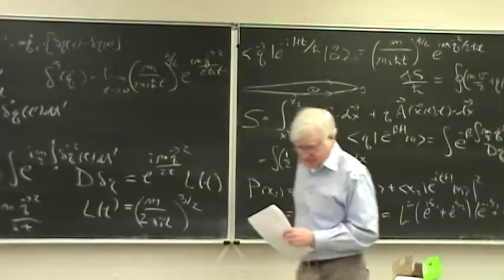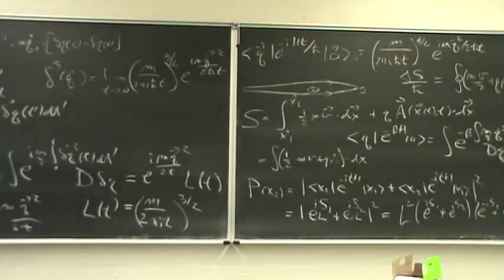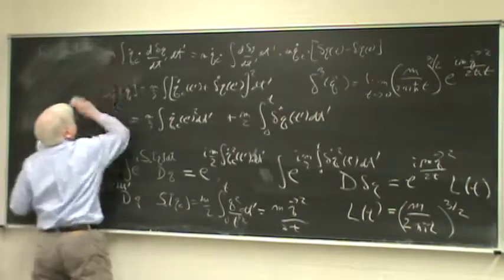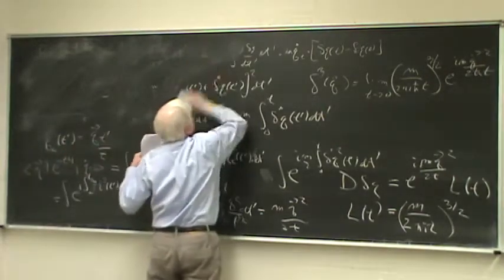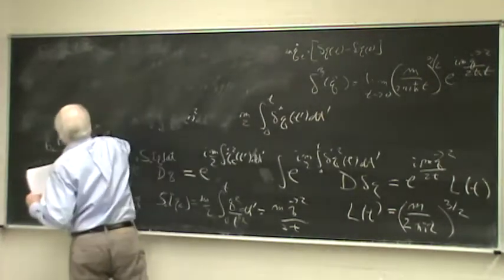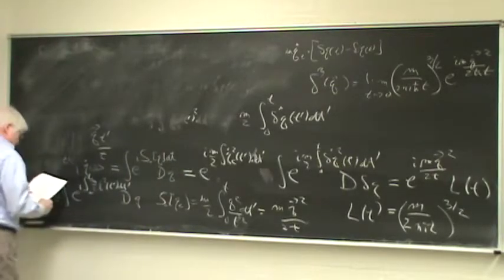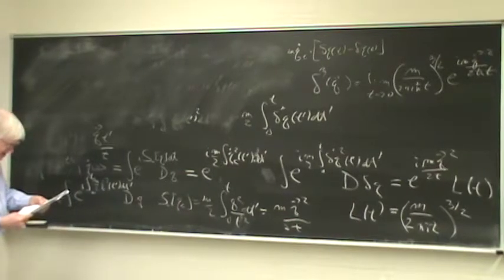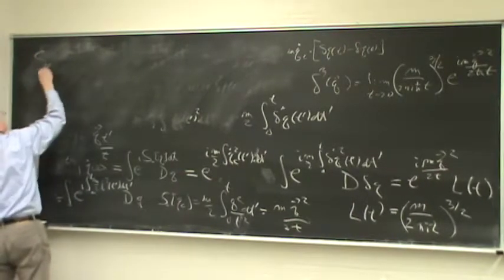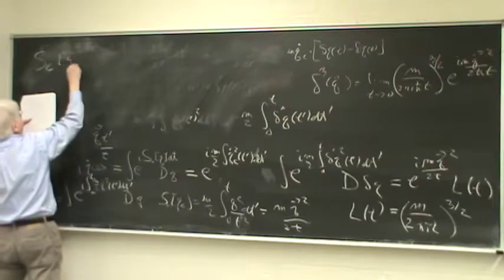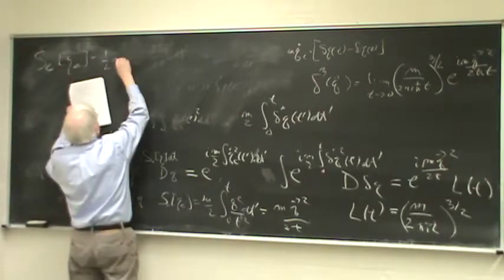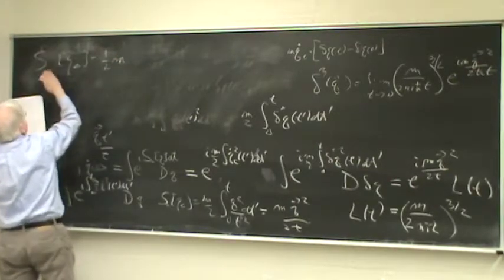what the classical action then is of this minimum, so to speak, minimum energy solution or minimum action solution. And what you get is that the classical action then is 1/2 m, well, it's S of QE, I think.